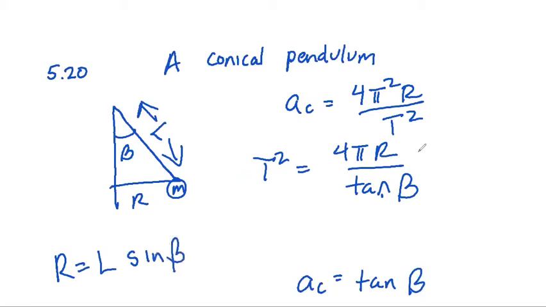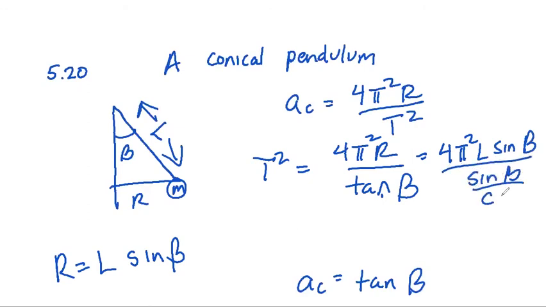So this is 4 pi squared L sine beta over sine beta over cos beta.